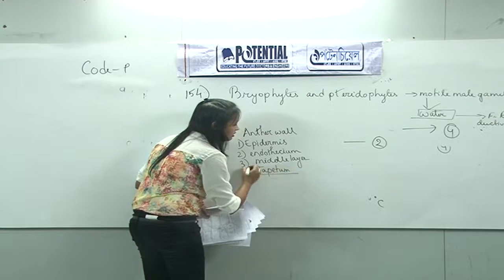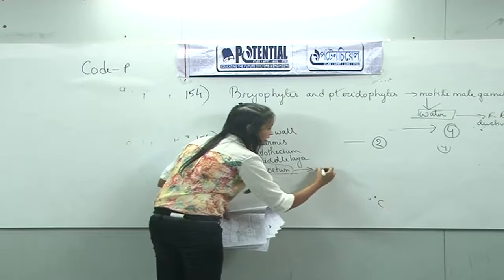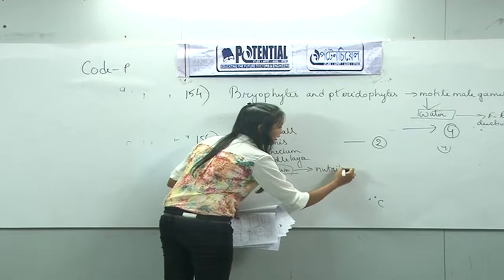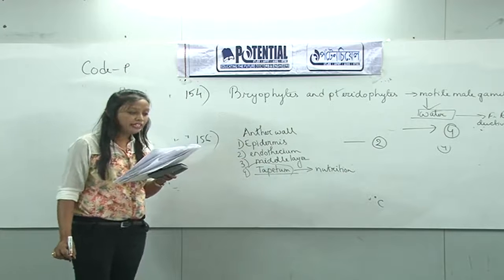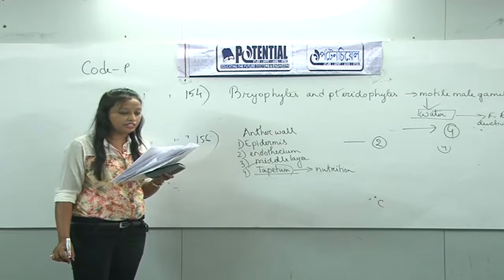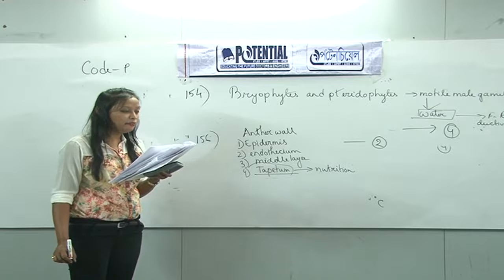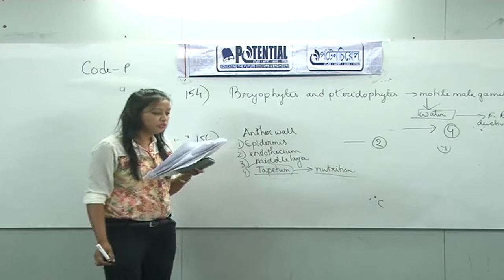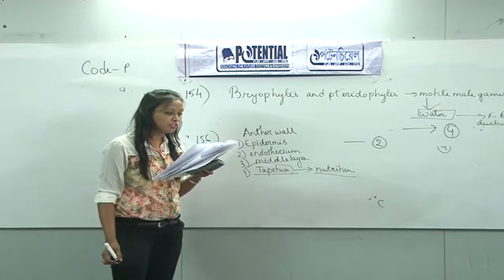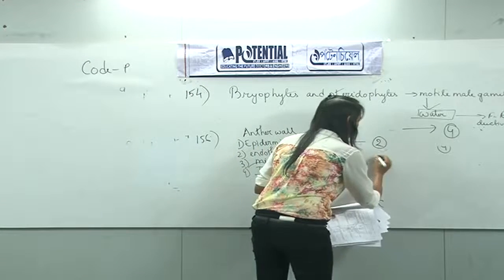Tapetum is the innermost layer and that is mainly associated with nutrition. It provides nourishment to the developing microspores. But here it is given, tapetum helps in the dehiscence of anther. So that is incorrect. Tapetum provides nutrition. That layer is nutritive. So that statement is false. So the correct answer will be 1.